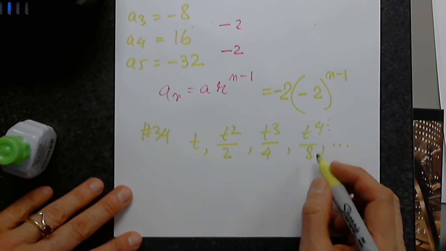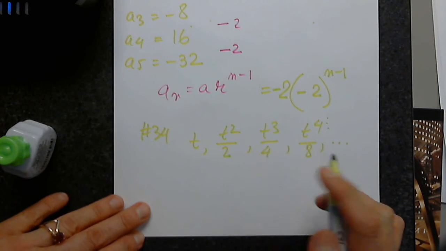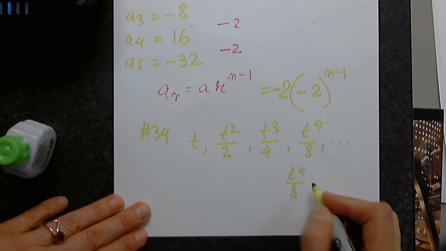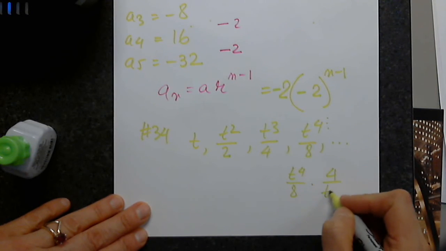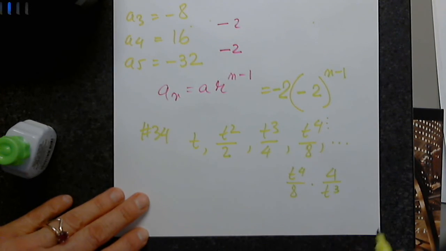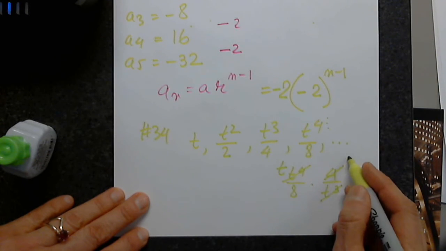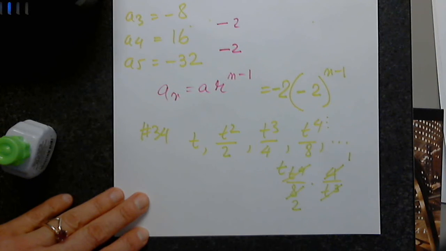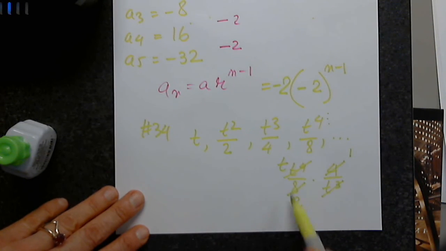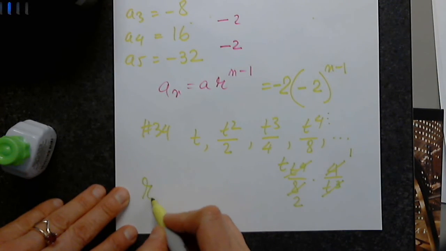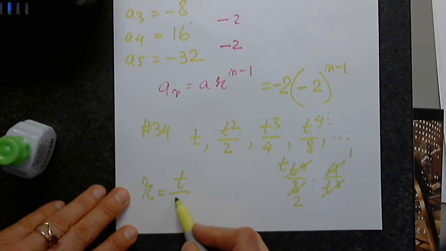Okay, so when I divide this by this, let's see what happens. T to the 4th over 8 times 4 over t to the 3rd. This goes away with this, and this. So I have t over 2. So it appears that the common ratio is t over 2.